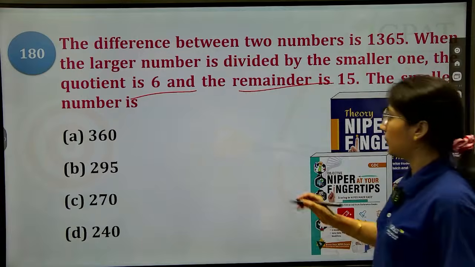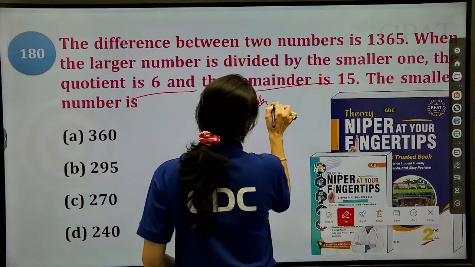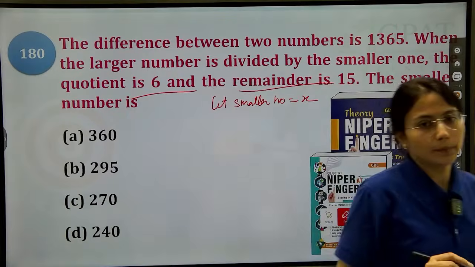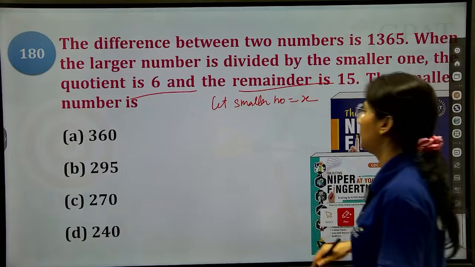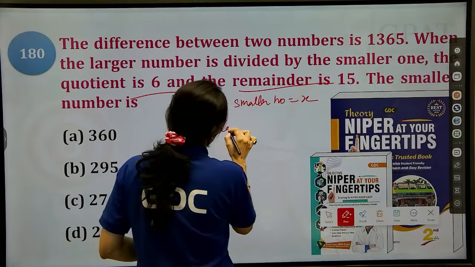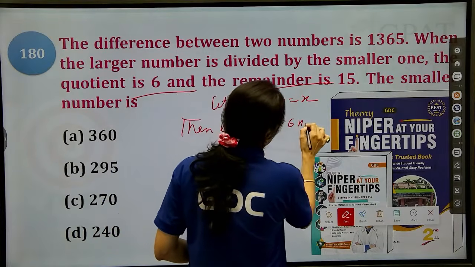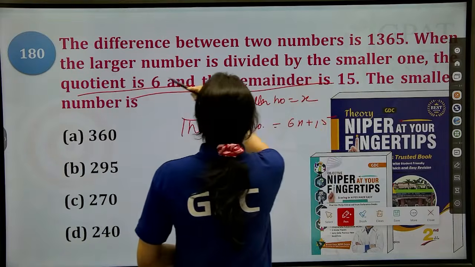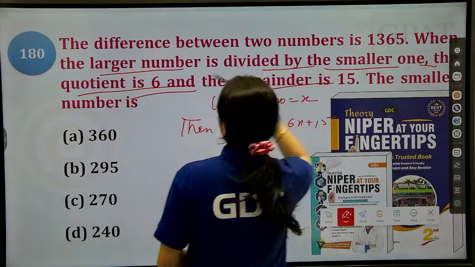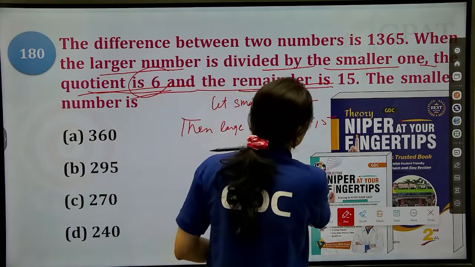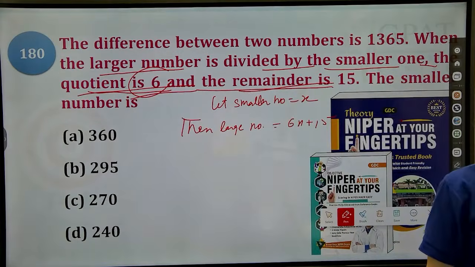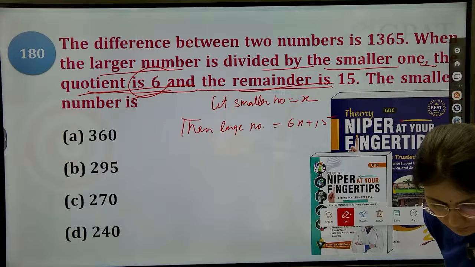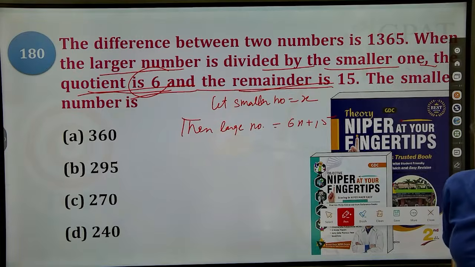Let the smaller number be x. Then the larger number is 6x plus 15, because according to the question, when the larger number is divided by the smaller number, the quotient is 6 and the remainder is 15.